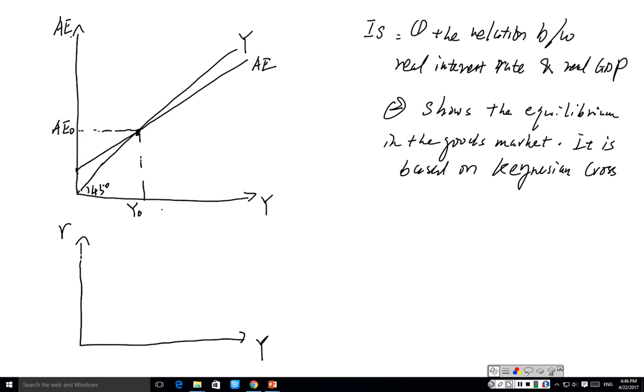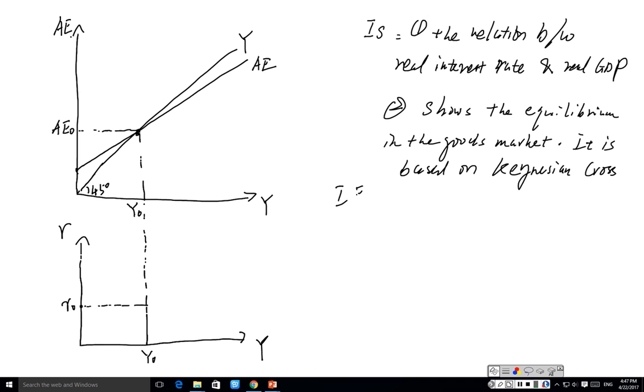To connect these two models, we extend the GDP level Y0 to this graph, and we indicate it as Y0. Suppose under this GDP level, we have a corresponding interest rate R0.